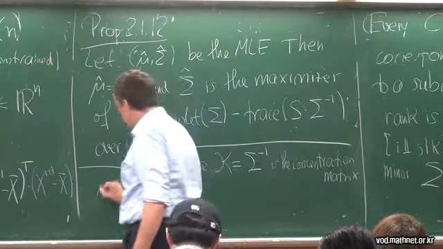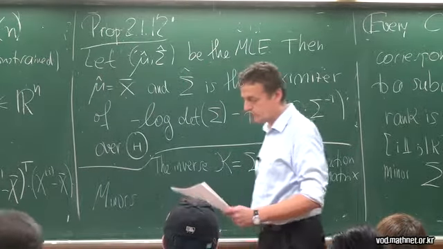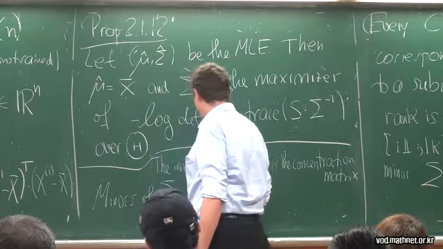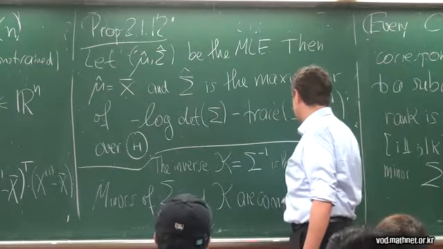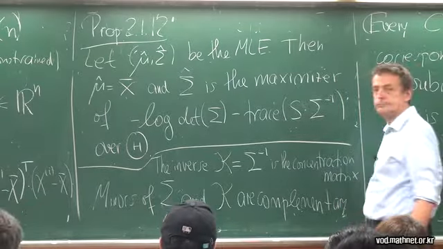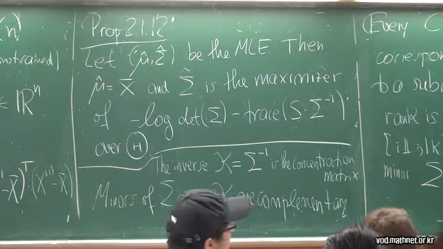Now note that if you have a pair of matrices, one inverse to the other, then the minors of sigma and K are complementary. Everybody knows this, right? So complementary minors vanish.